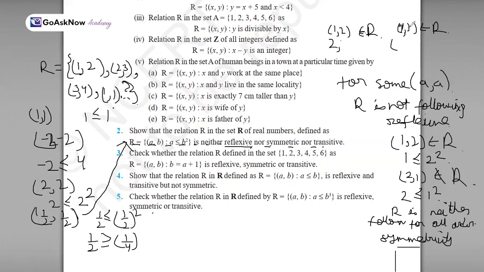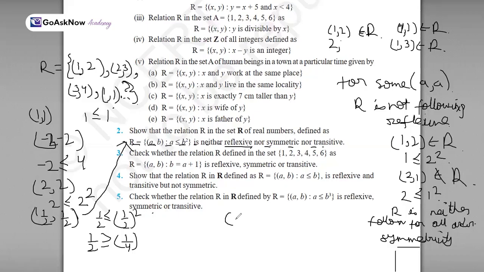Yes, this is true. And I have (1, 3) belonging to R. This is also true. So (-1, 3) belongs to R. This is actually correct. We will see another example for transitivity, whether it is following for all ordered pairs or not. Okay. So check for other examples.